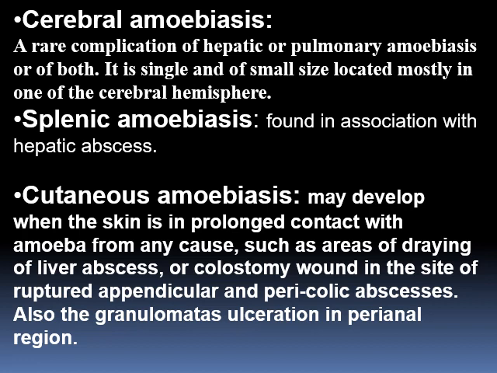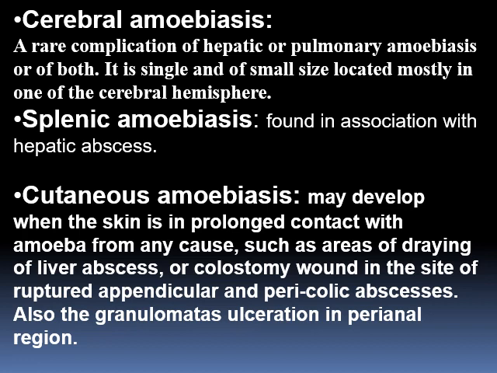Cutaneous amoebiasis may develop when the skin is in prolonged contact with the amoeba from any cause, such as areas of draining of liver abscess or colostomy, or a wound at the site of ruptured appendicular and pericolic abscess.